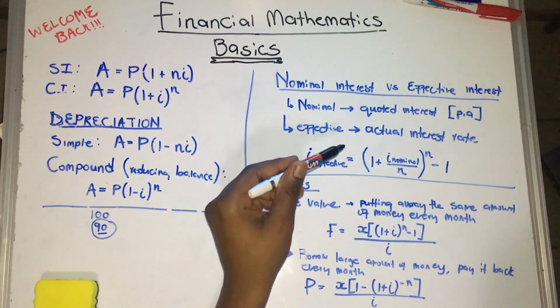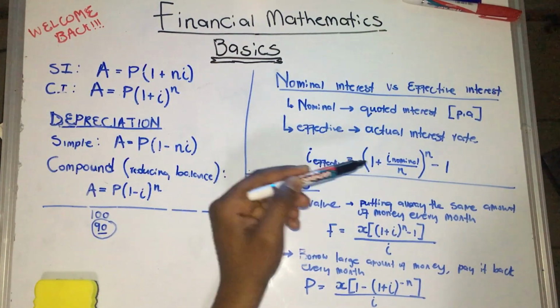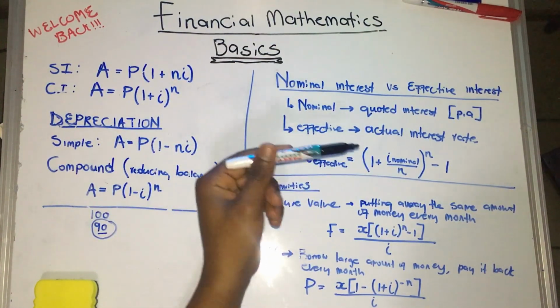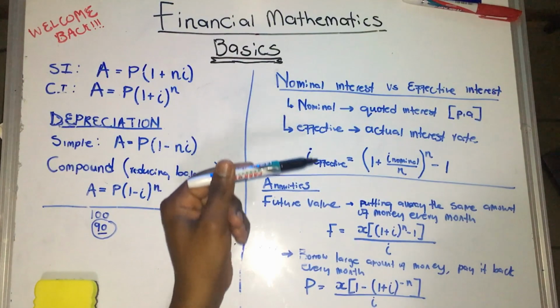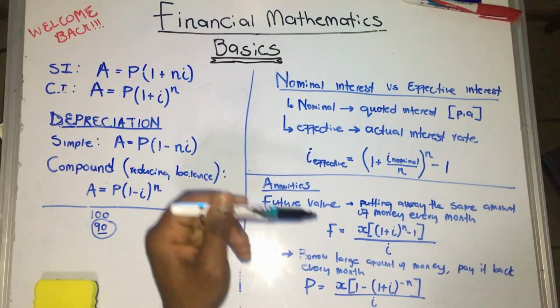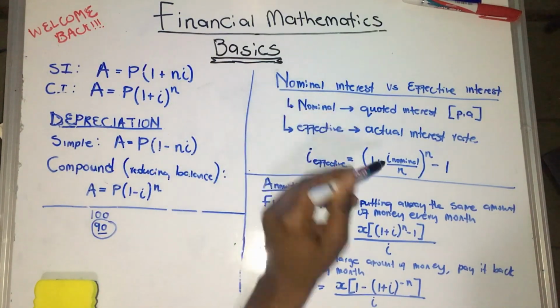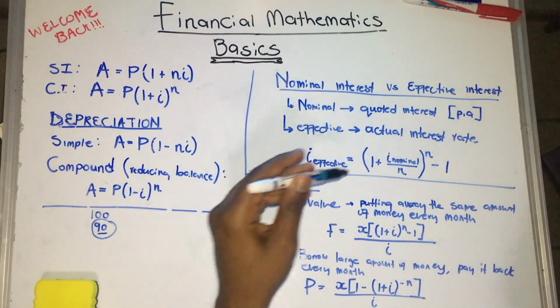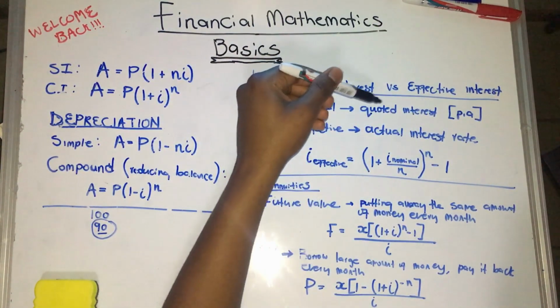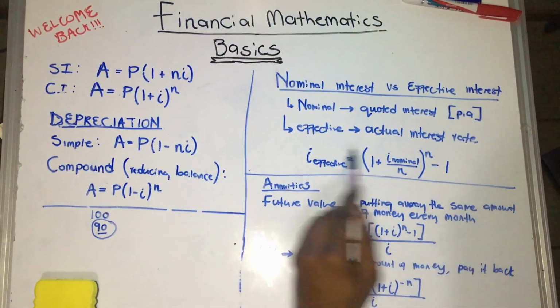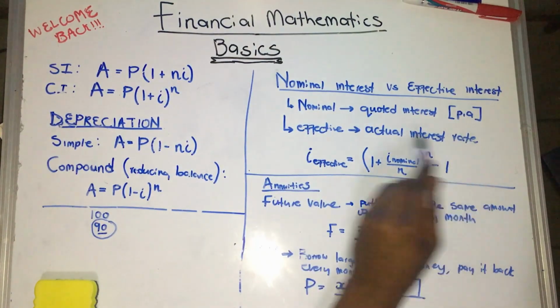we need to take care of the compounding. By doing that, we are appreciating the fact that this interest is charged. If, let's say, it was compounded on a monthly basis, we are appreciating the fact that this interest is charged every month. So if given a nominal interest, we can use this formula to find an effective interest.